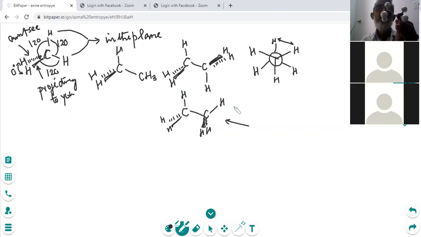So we will draw only these three, which you can see. I will put a circle, hydrogen, hydrogen, and hydrogen. And behind each of these hydrogens there is the carbon, with the hydrogen which is on the second carbon.